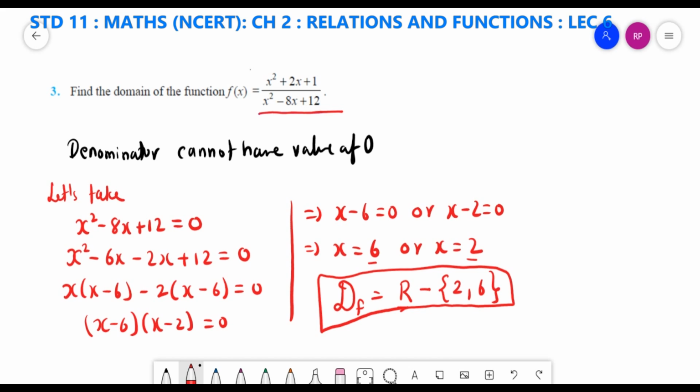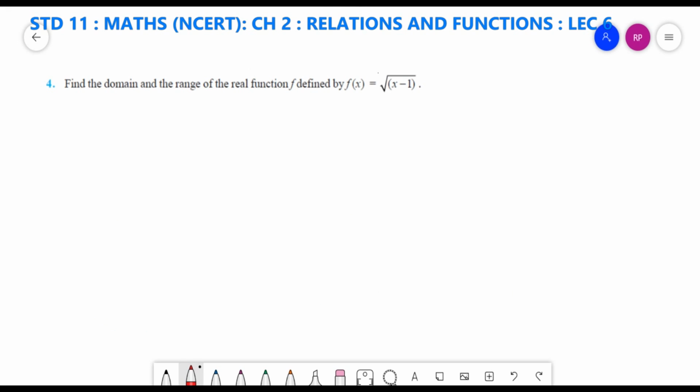Now let's move to question number 4. Find the domain and range of the real function f defined by f(x) = √(x − 1). So here the function given is f(x) = √(x − 1). Now see, domain: which values of x can we take?